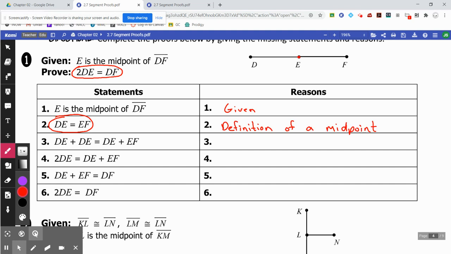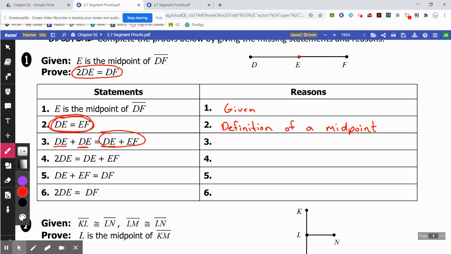Okay, in this next step, we're going to see a trick that we can use a good bit. What we've actually done is taken the previous statement, and we have simply added a DE to both sides. Let me underline the first one. And the reason we're going to do that is we know that eventually this DE plus EF on the right side, well, that's the whole line segment, and we know what we can replace that with.